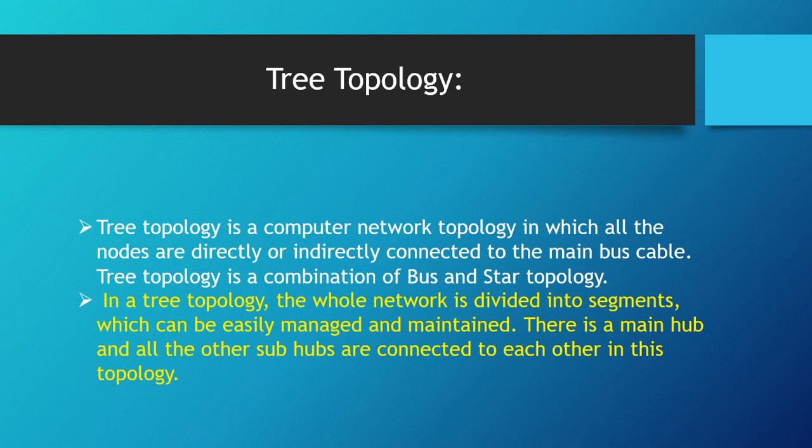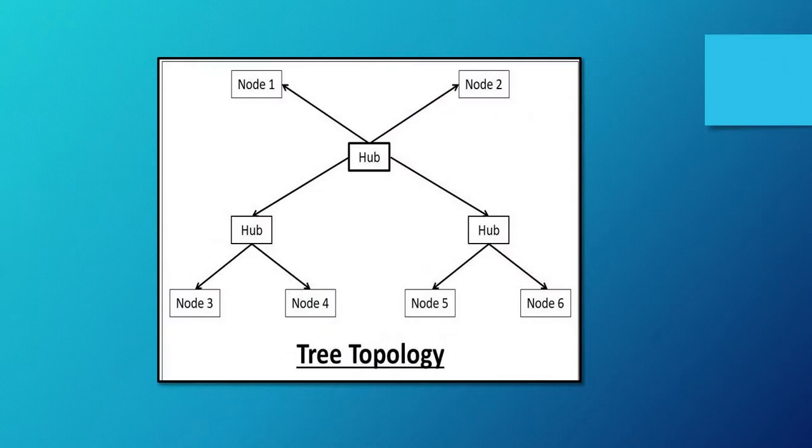In tree topology, the whole network is divided into segments, which are easily managed and easy to maintain also. There are main hubs and all other sub-hubs are connected to each other in that topology. So this is a simple diagram for tree topology.